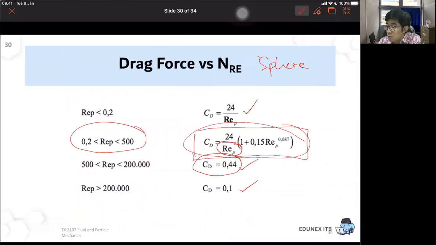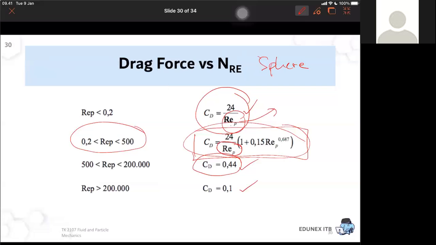Or you can start from this one, but still you need to guess the Reynolds number first. Sir, for the equation to find CD using iteration, is that Re to the power of 0.687?